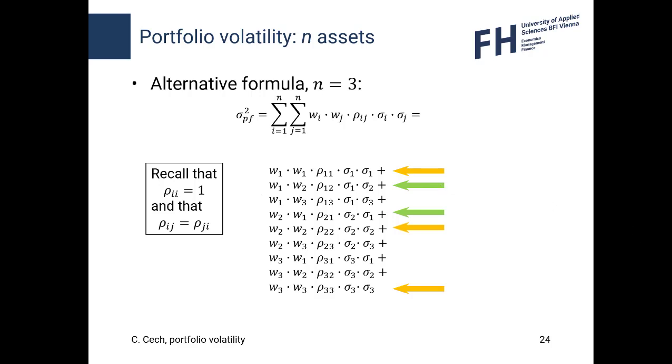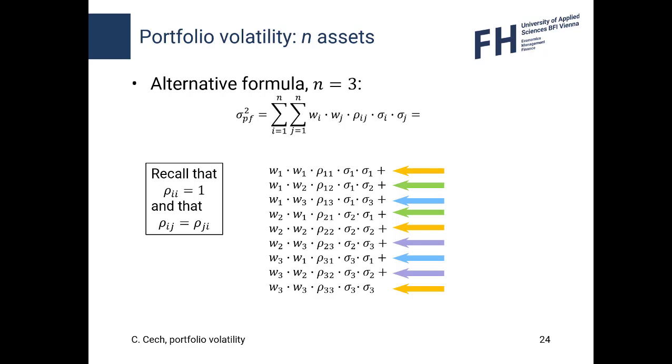And the same holds true for the next possible combination, which we find again 2 times. It's the combination 1,3. And finally, for the third possible combination in our example of 3 assets, the combination 2,3.